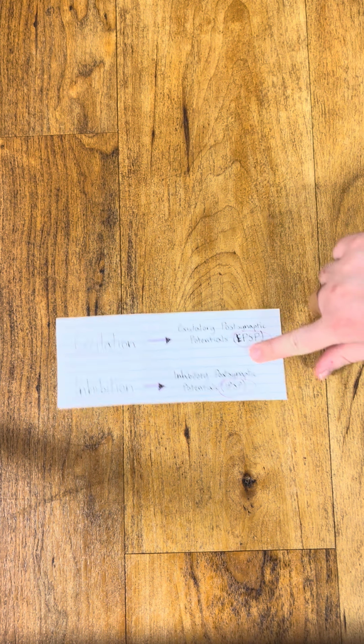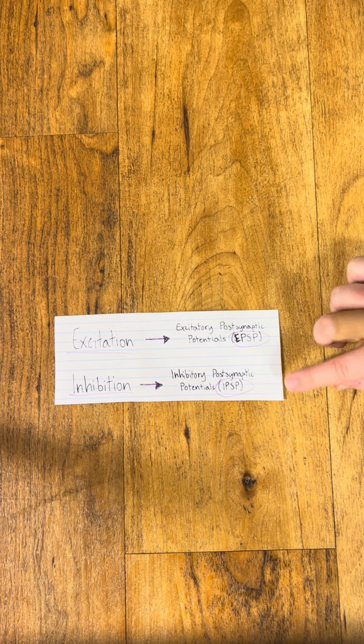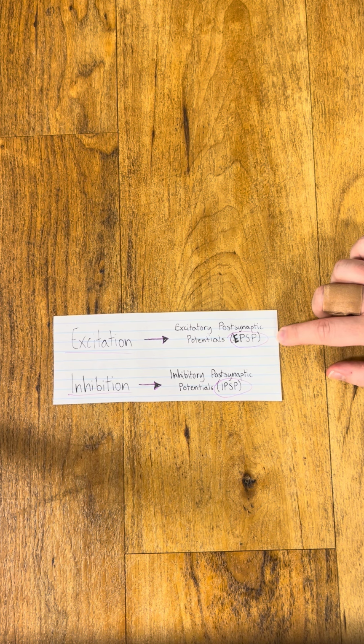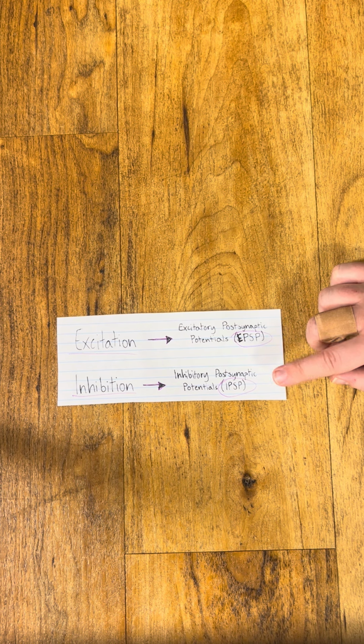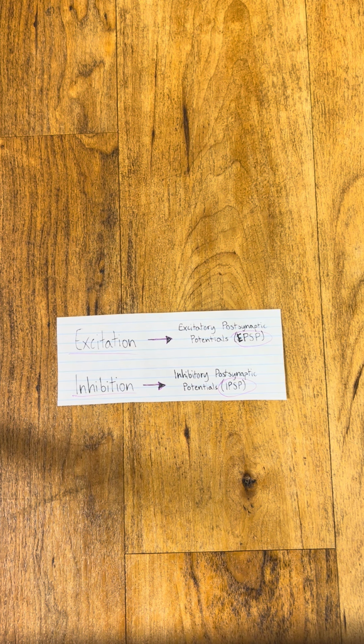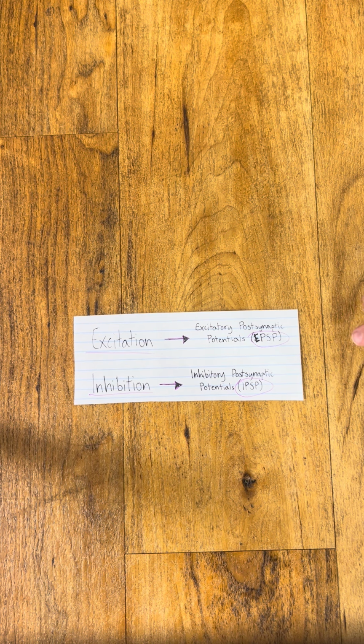When these reactions occur, they produce two different kinds of potentials: excitatory postsynaptic potentials, or EPSP, and inhibitory postsynaptic potentials, IPSP. These are basically the two parts that dictate whether or not an action potential is going to be reached.